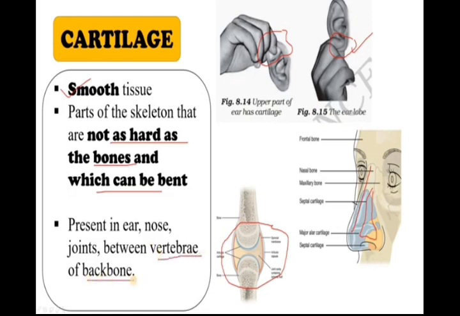That is why you can bend them. The best example is in this figure, where cartilage is present everywhere. The upper part of the ear has cartilage.